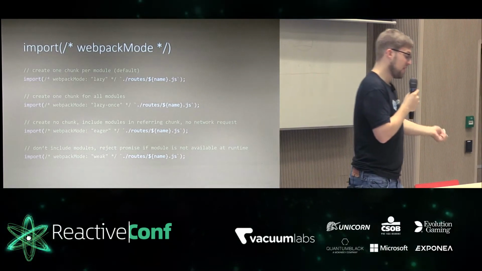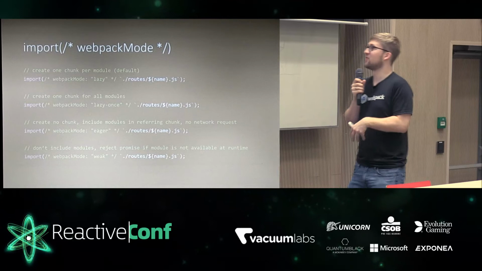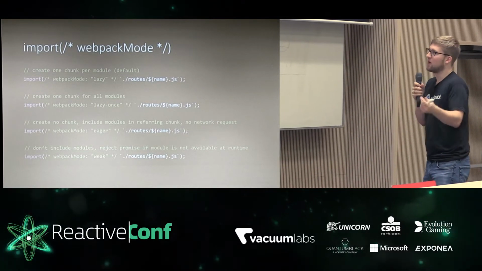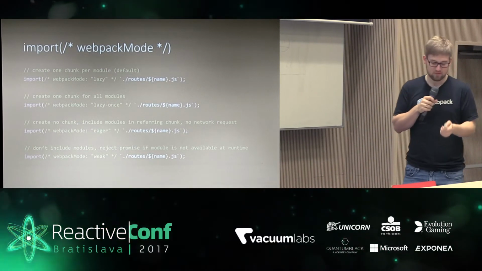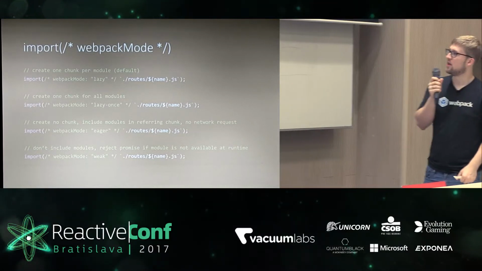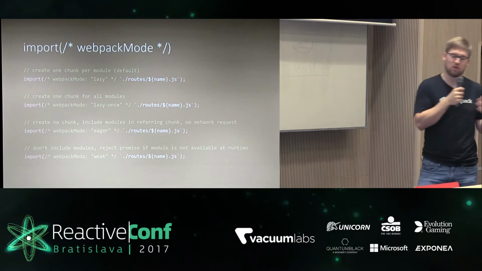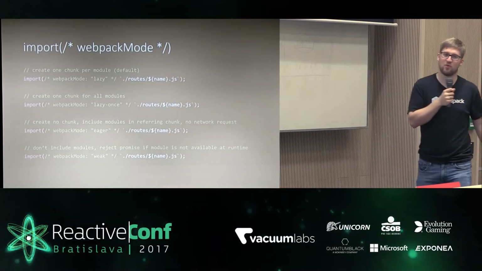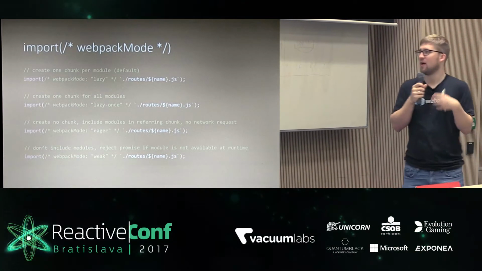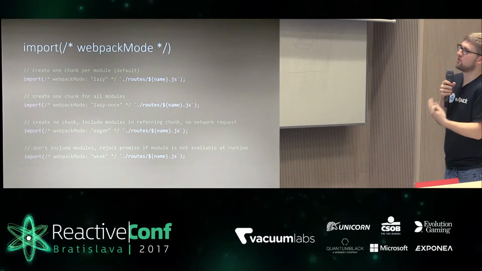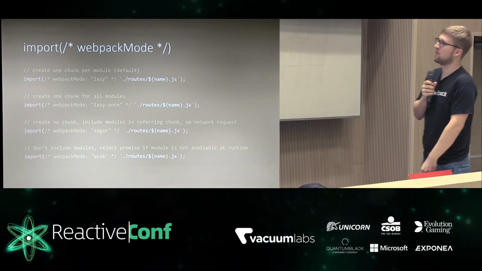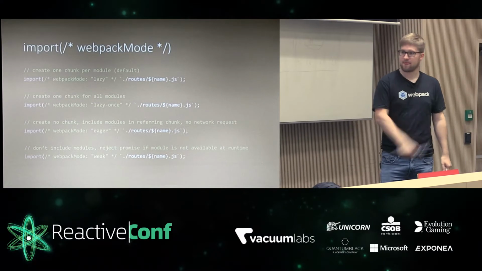And if not available, it doesn't do a network request, but just says we haven't got the module yet. That's used for SSR, right? Yeah, it's a feature for SSR. In SSR you already have the modules available and don't want to do a network request. That's right. And server-side rendering, if you don't know what SSR is.